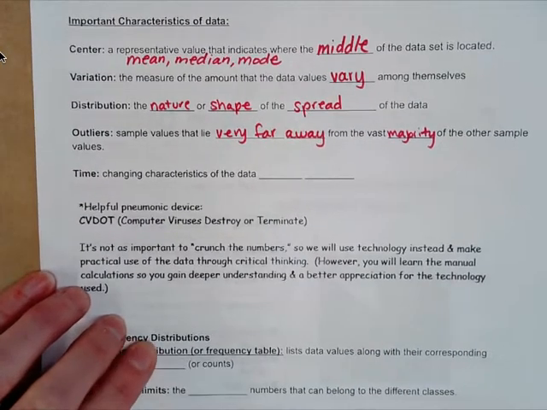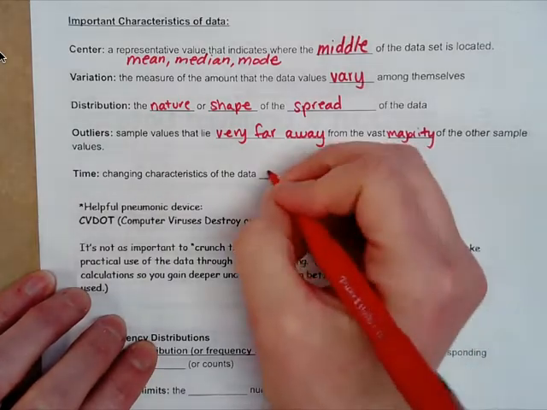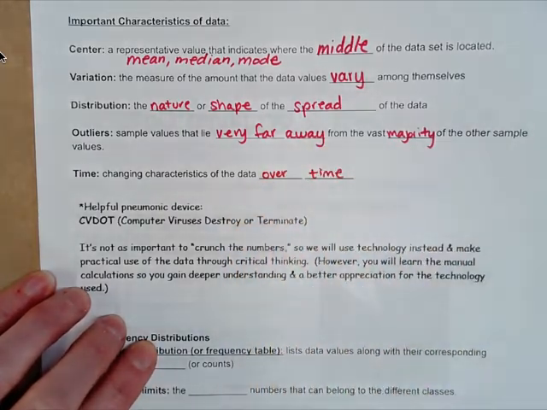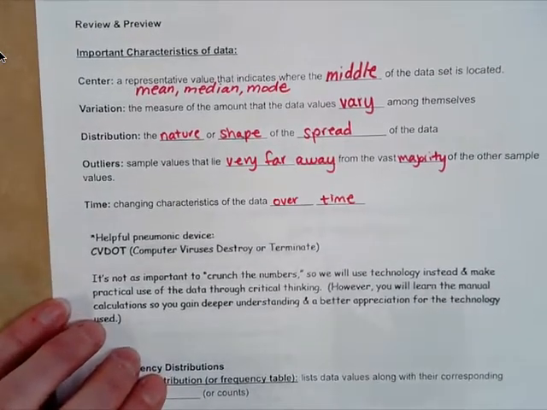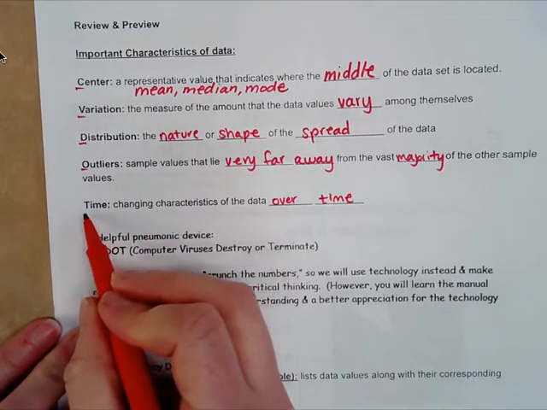It's important to note which ones are outliers because sometimes we can take them out of the data and only look at the values that are closer together, not those crazy outliers that may not represent that sample data. Time is changing characteristics of the data over time. So whenever we look at data, we are going to look at these things: center, variation, distribution, outliers, and time.